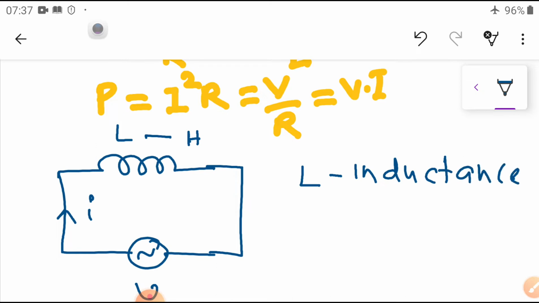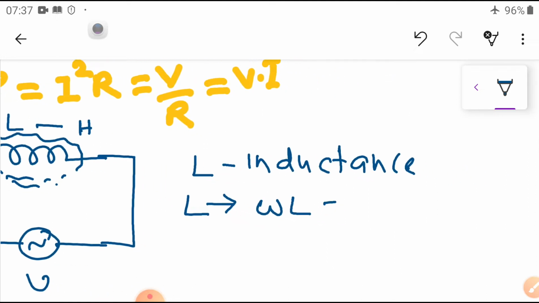Whenever supply is given to the inductance, it establishes a magnetic field around the conductor. Hence, it opposes with some ohmic value. So, whatever the L is given, it should be multiplied with omega, omega L, then it is converted into ohmic value. That is equal to 2 pi f L. So, 2 pi f is the frequency, L is the inductance in henries. Then it becomes the ohmic unit, ohms.